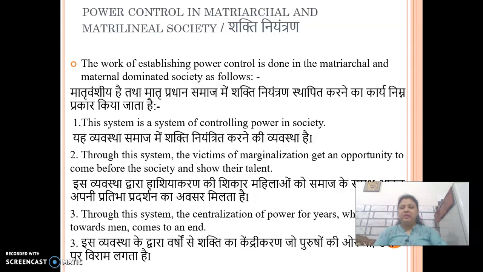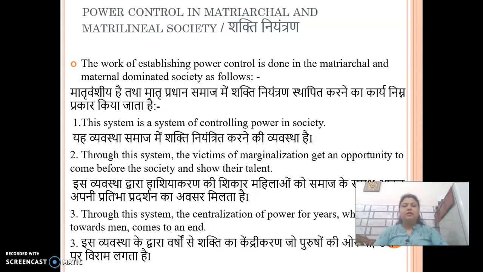The opportunity which is not given to women in patriarchal societies is readily available to women in matrilineal society. Through this system, the centralization of power in the hands of men, which lasted for years, comes to an end.